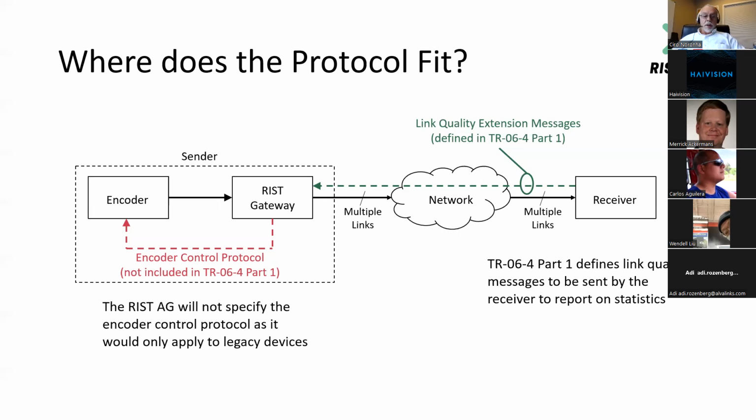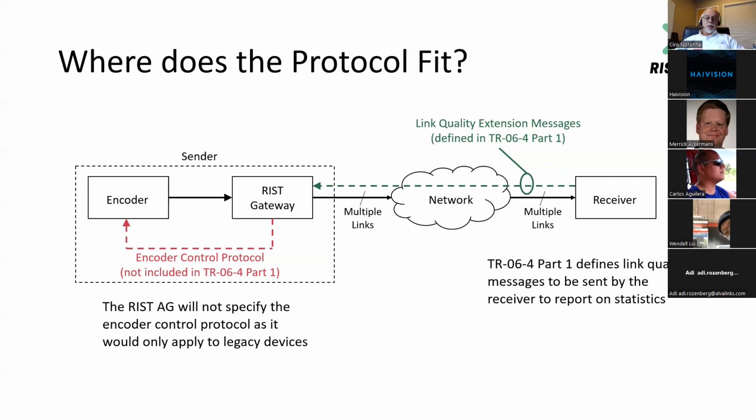It would have been possible to define another protocol, a gateway to encoder protocol, but we decided in the AG not to specify that protocol because it would be applicable just to legacy devices, and a legacy device will probably not implement another protocol anyway. So the encoder control protocol is not part of the TR.